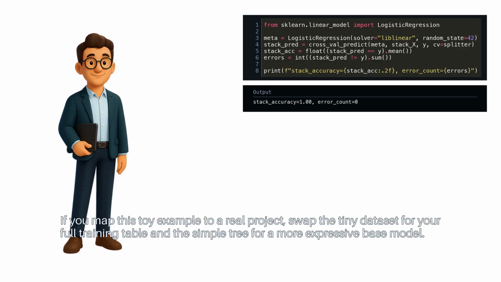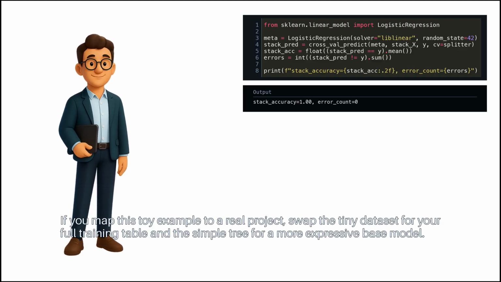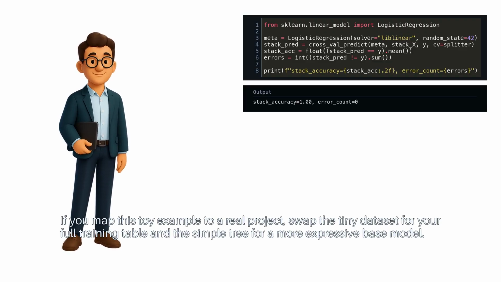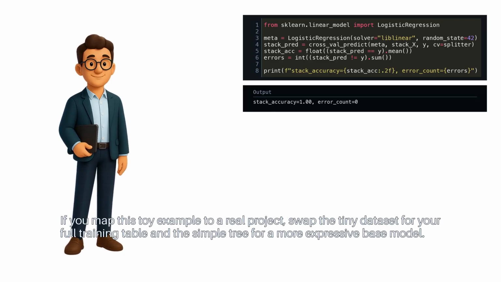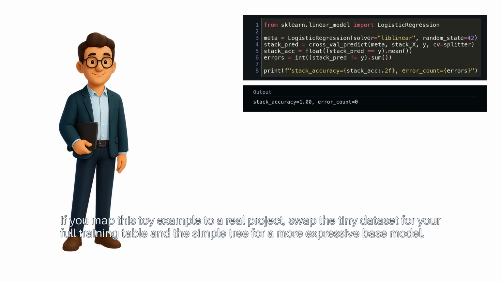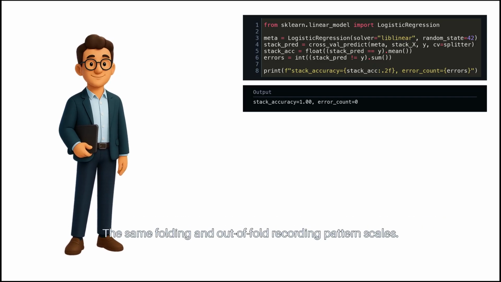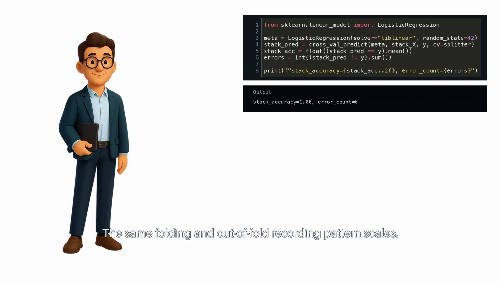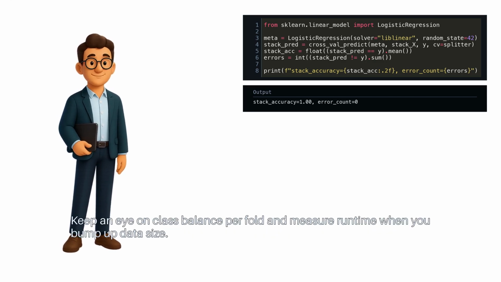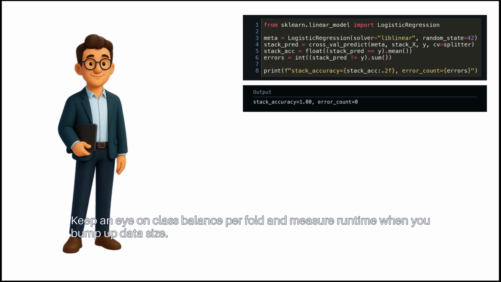If you map this toy example to a real project, swap the tiny dataset for your full training table, and the simple tree for a more expressive base model. The same folding and out-of-fold recording pattern scales. Keep an eye on class balance per fold and measure runtime when you bump up data size.